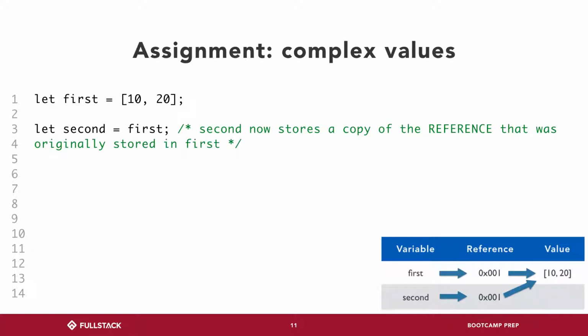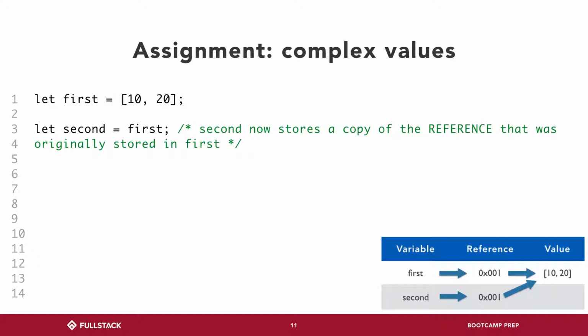Okay, so what's going on in this example? We create the array in memory space 1 with the values 10 and 20 inside of it. And we say, hey, second is now equal to first. So when we have this assignment operator, we need to complete this expression and evaluate it to a single term.